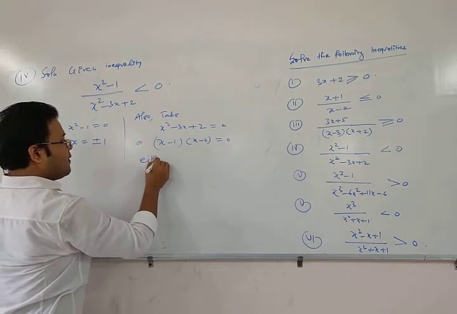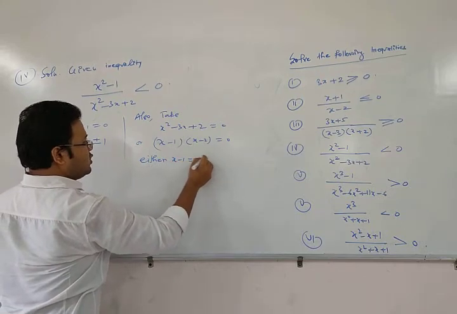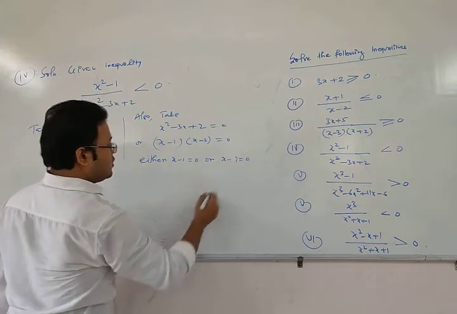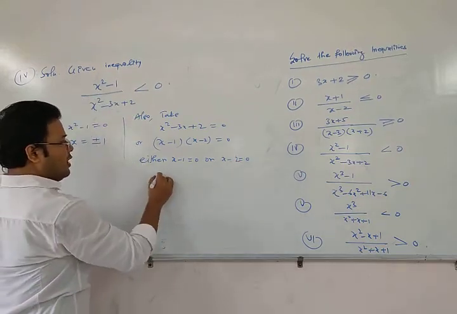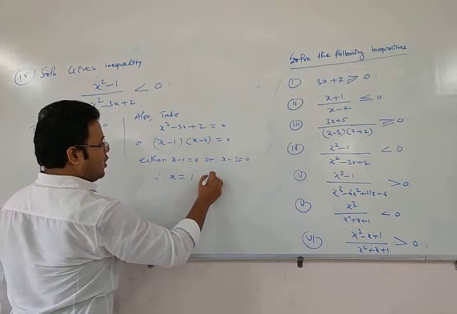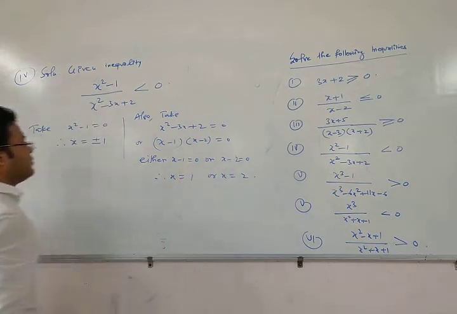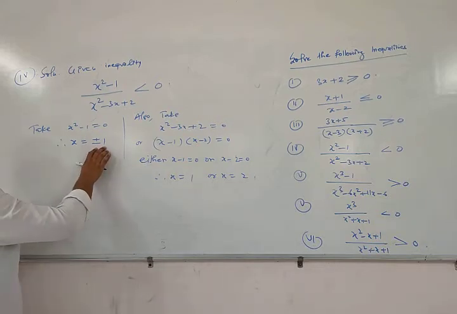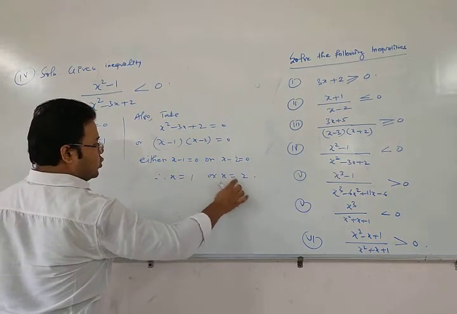Either x minus 1 is equal to 0 or x minus 2 is equal to 0. Therefore x is equal to 1 or x is equal to 2. So we get 2 roots here and we also get 2 roots here.